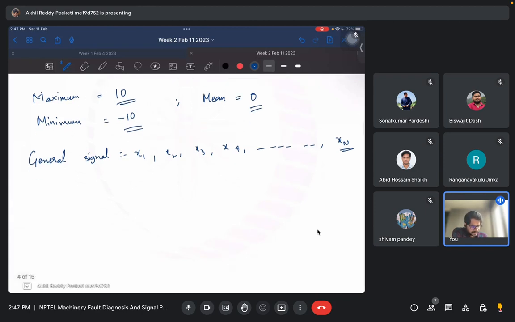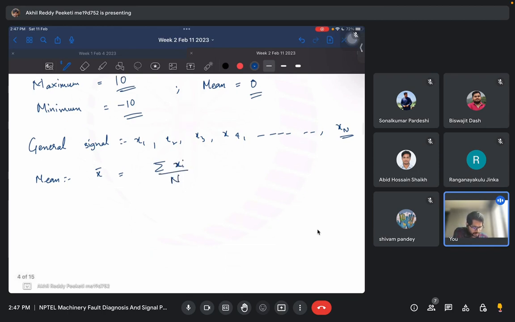If that is the case, what will be the mean? X bar is sigma xi by n, right? So this would be the mean.